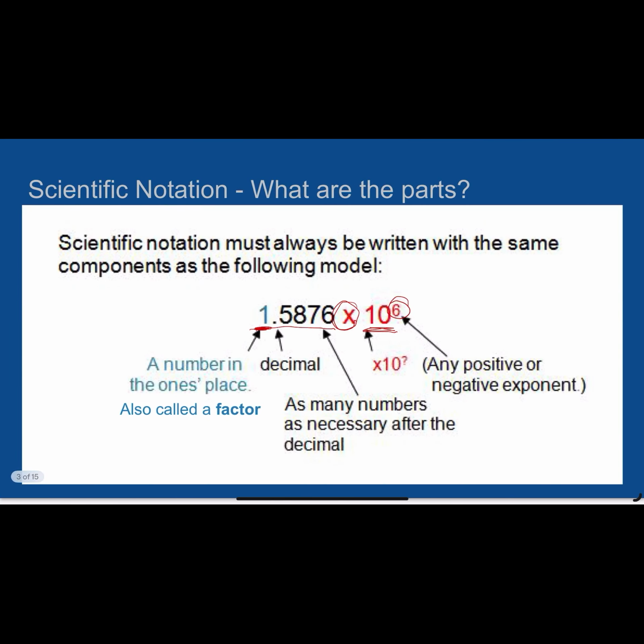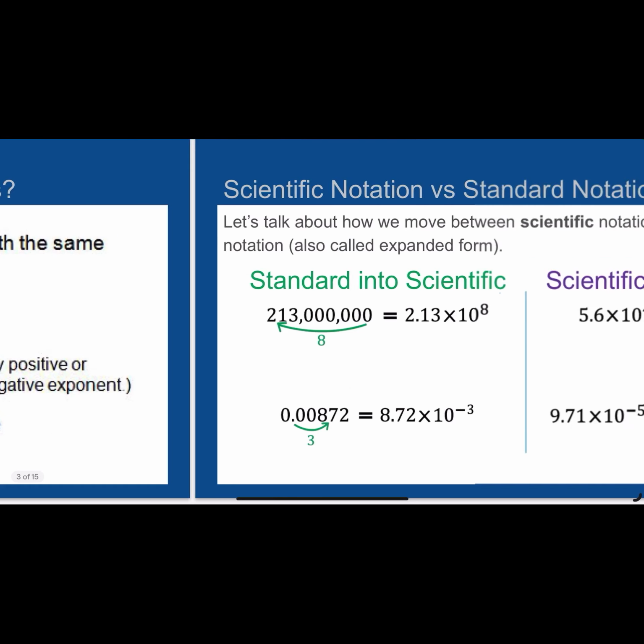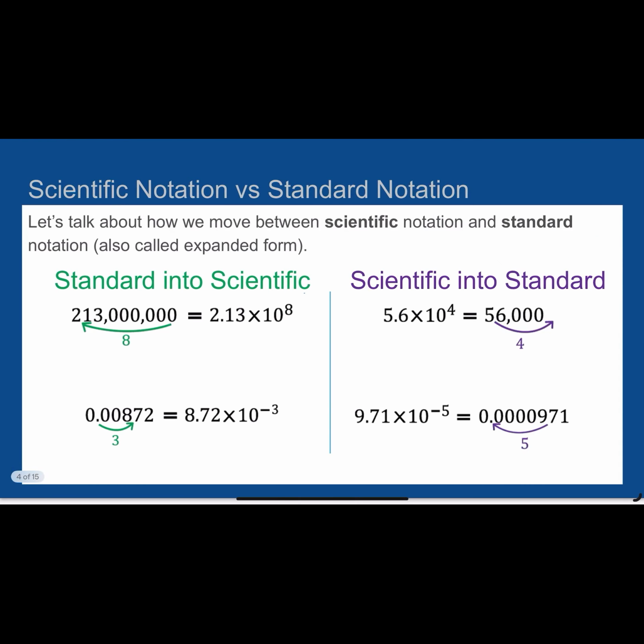So that's our format that we use. It's important to know how to go in and out of what we think of as a standard format, sometimes they call it expanded form, into a scientific notation format. So let's start with going from standard into scientific, and then we'll go scientific into standard.